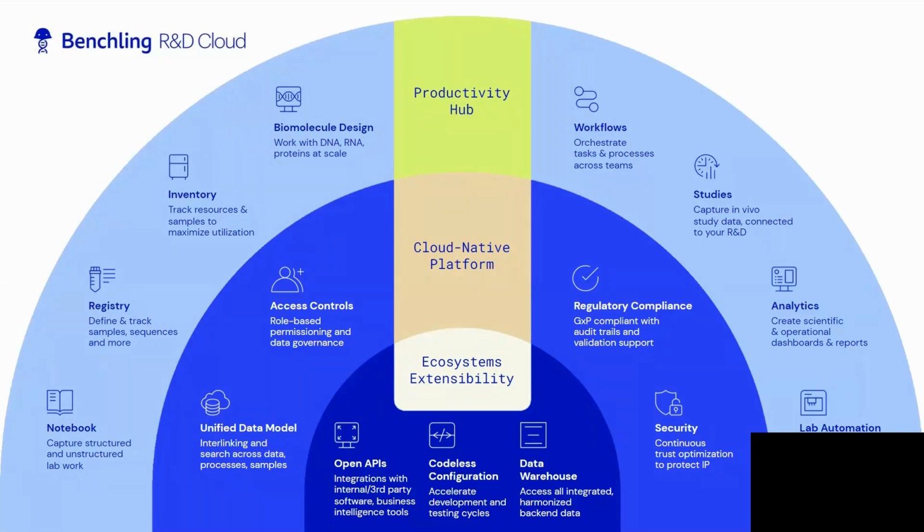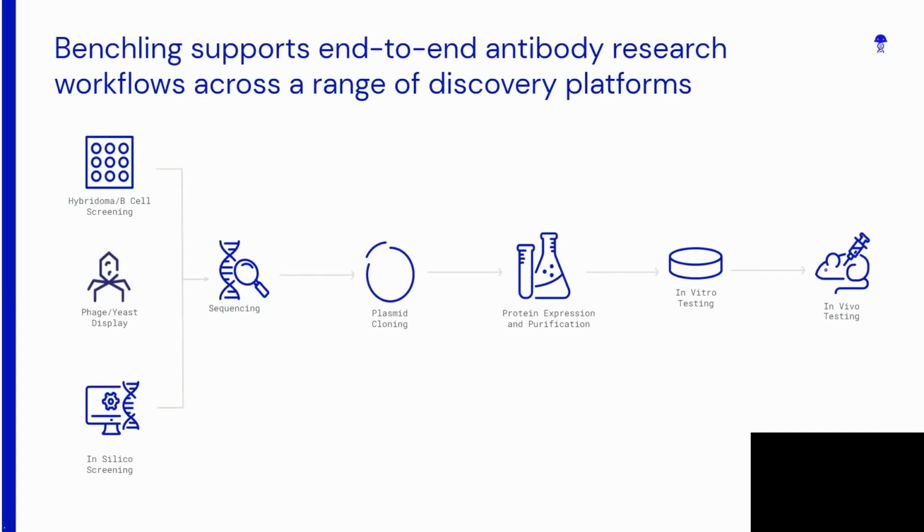Now, more specifically related to antibody research, Benchling has worked for many years with many customers on protein and antibody discovery. We've used our knowledge from hundreds of implementations to create a framework that comes up very commonly.